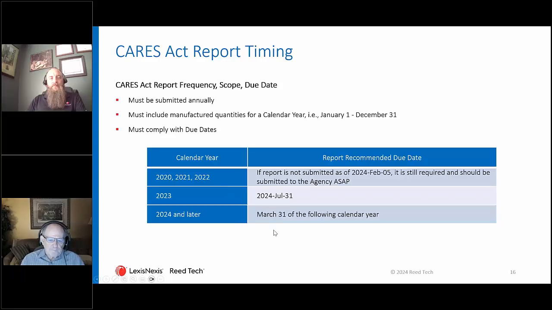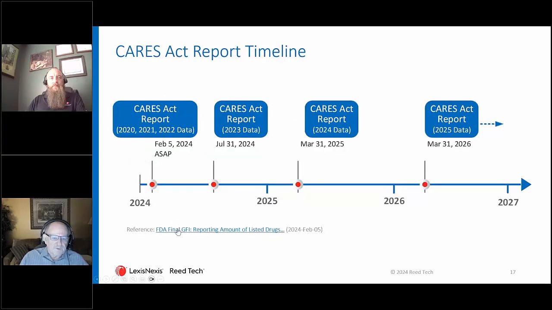Going forward, there's a scheduled due date of March 31st of the following year for all the years following. So let's take a look at this on a calendar. Sometimes it's a little easier to understand. Back in February, there's this mention that if the CARES Act reports for those legacy years were not already submitted, take care of that as soon as possible.